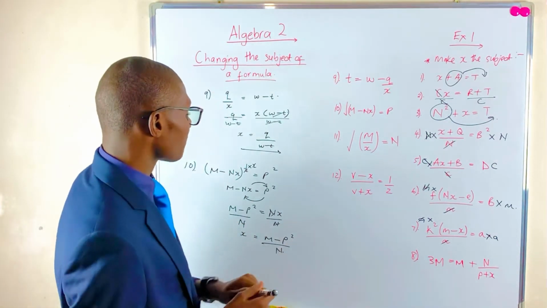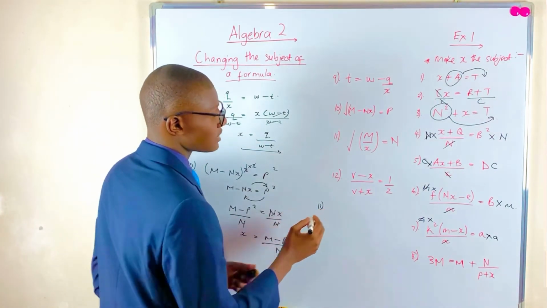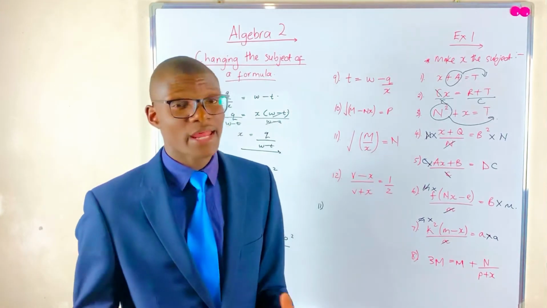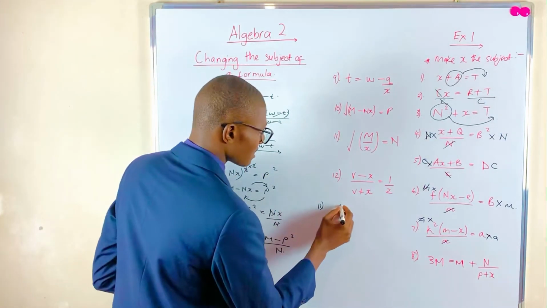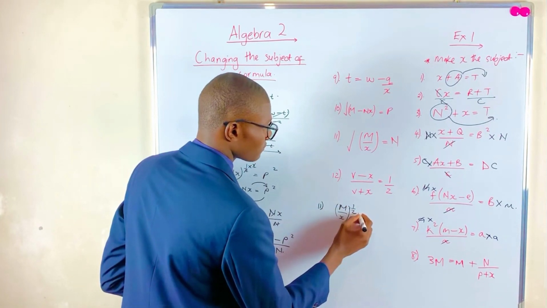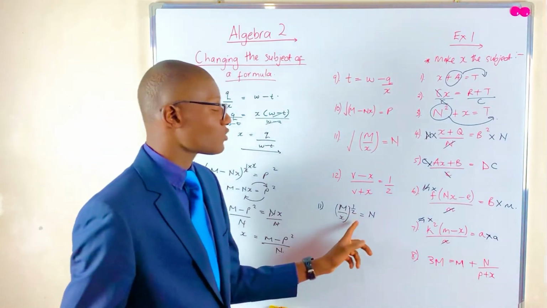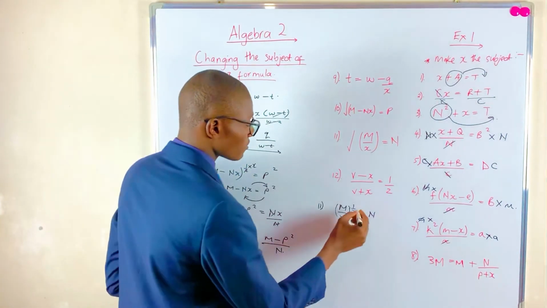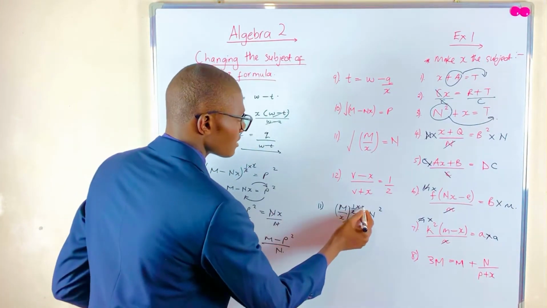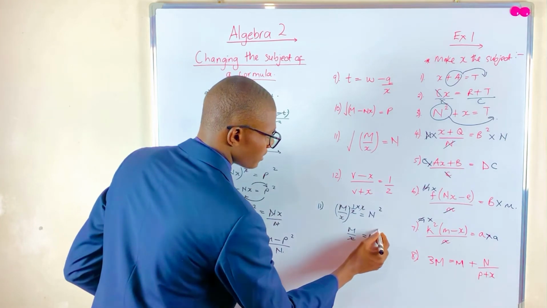Now moving on to number 11, same situation. We've got the square root of m over x being equal to n, which you can rewrite as m over x raised to the power of half being equal to n. Now removing the power of half, we can square both sides, raise both sides to the power of 2, this and this cancel, then m over x would be equal to n squared.